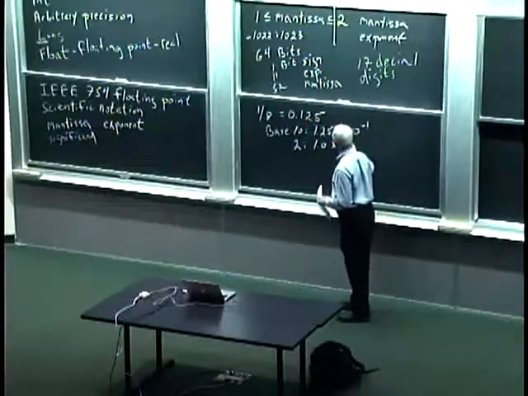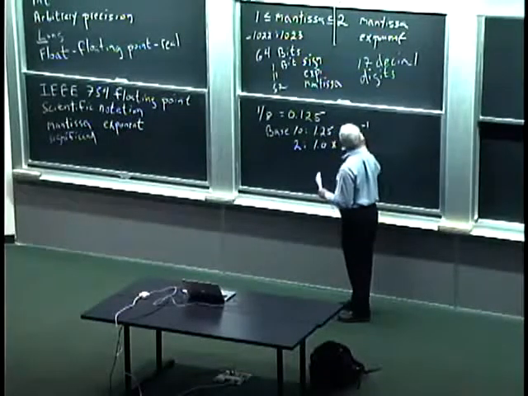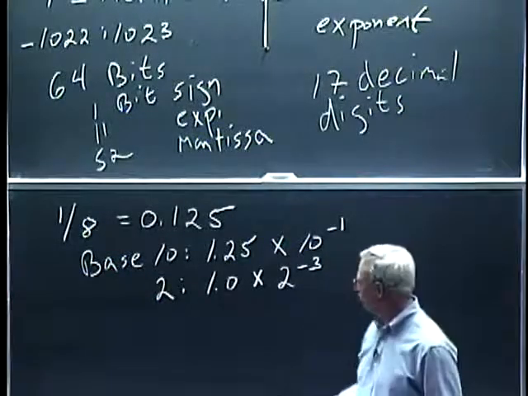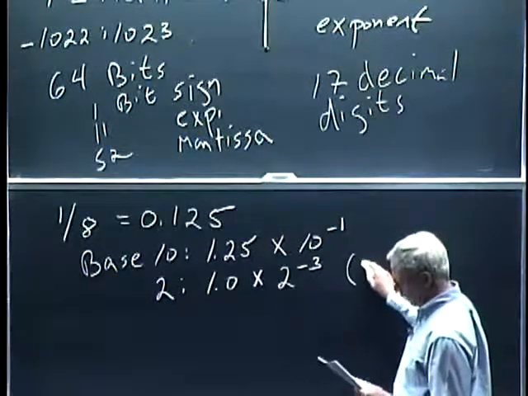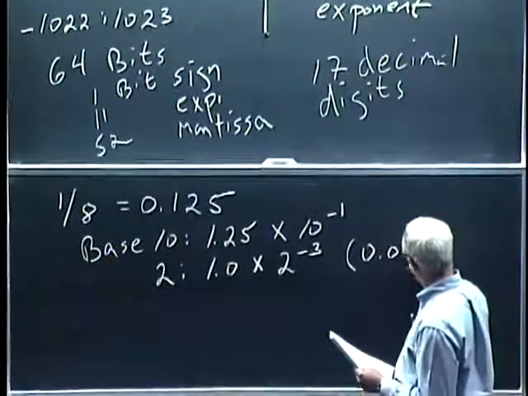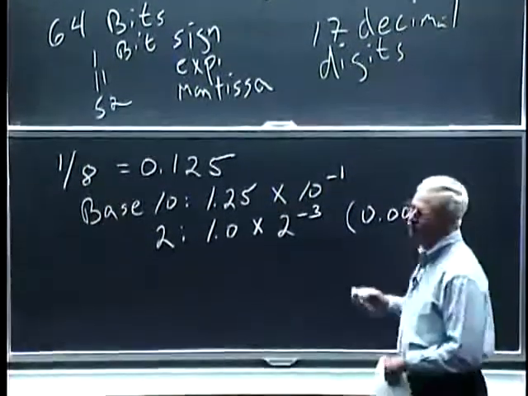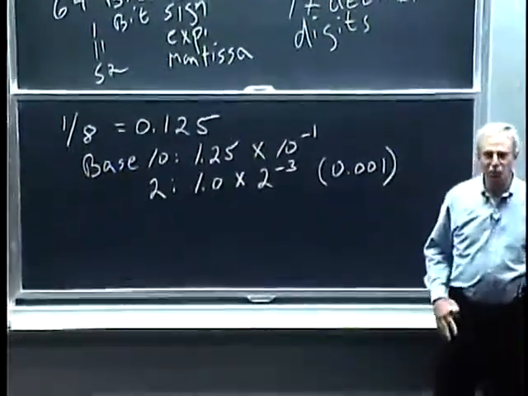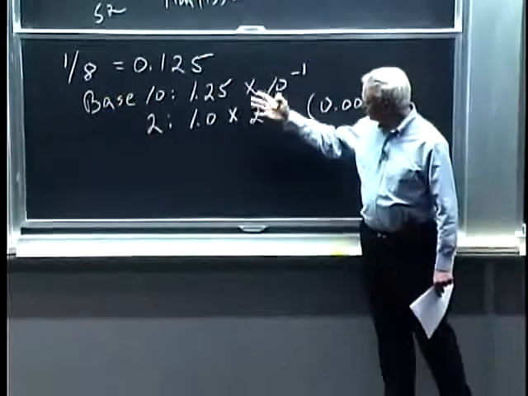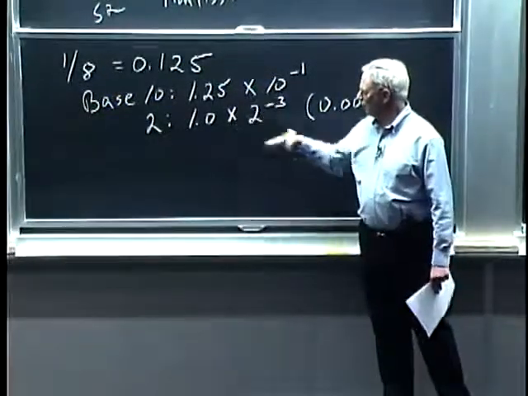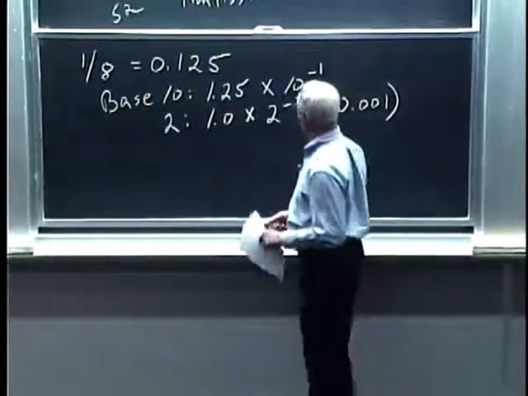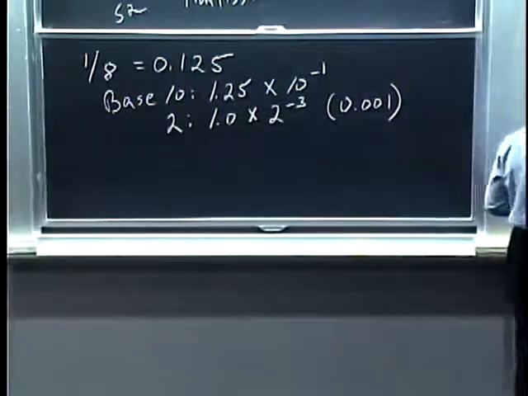Well, 2 to the minus 3. So in binary notation, that would be written as 0.001. So you see, 1/8 is kind of a nice number. We can represent it nicely in either base 10 or base 2. But how about that pesky fraction 1 over 10?